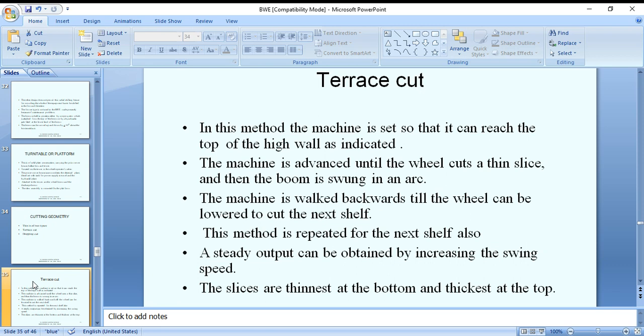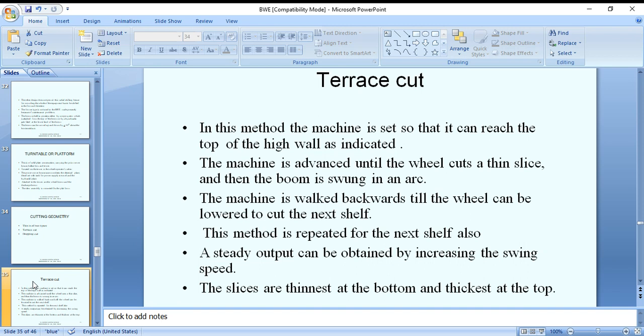This is repeated for the next shelf. A steady output can be obtained by increasing the swing speed. The slices are thinnest at the bottom and thickest at the top, because the force is applied at the top of the bench, not at the bottom. That is very clearly mentioned here.